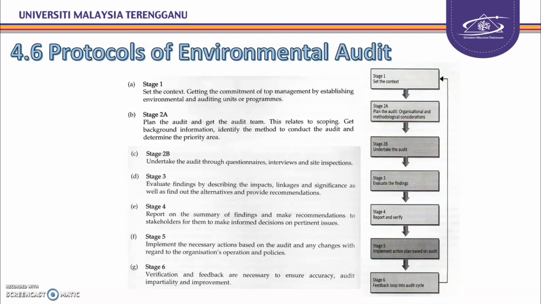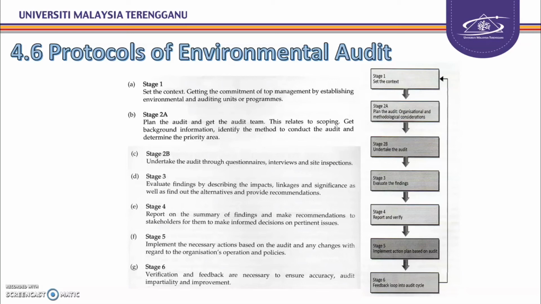Okay, this is the protocol of environmental audit. If you see, there are 6 stages. The first one, the auditor must set the context, getting the commitment of top management by establishing the environmental auditing unit or program. In stage 2A, we must plan the audit and get the audit team.